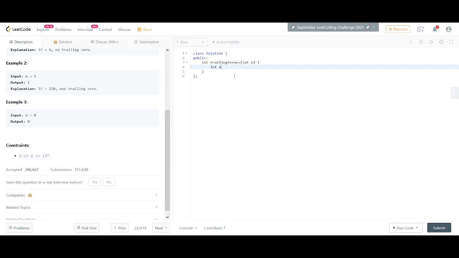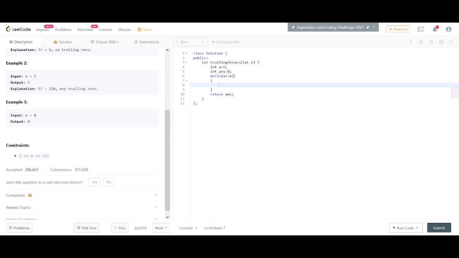So it's like int x equals 5. Now what we try to do is, while x is less than or equal to n, that particular n variable, right? Int sum equals 0. Sum will be returning the answer.